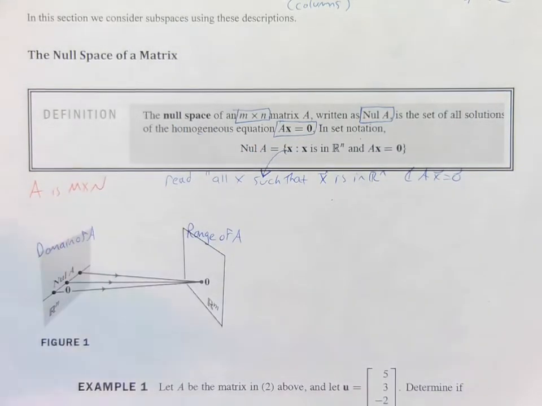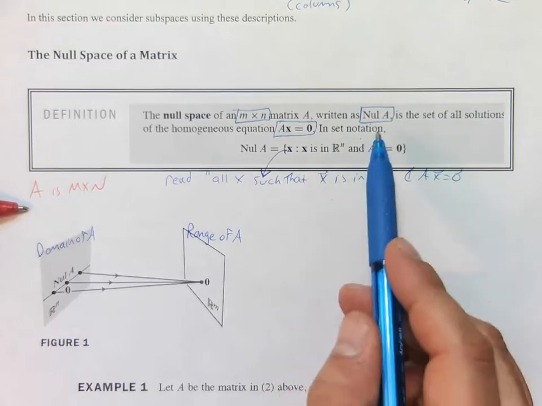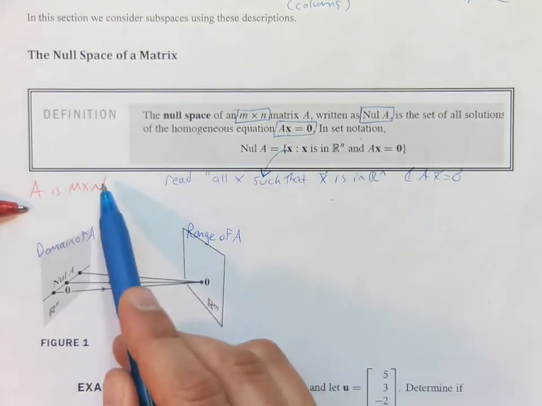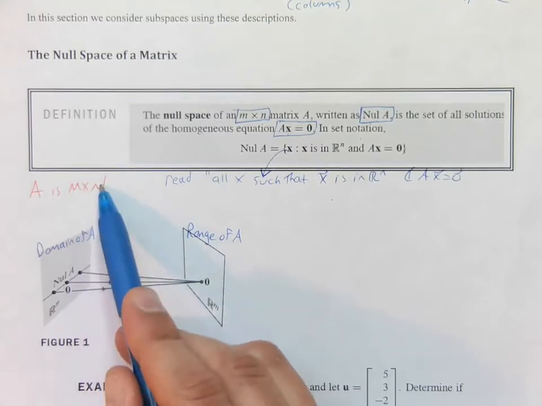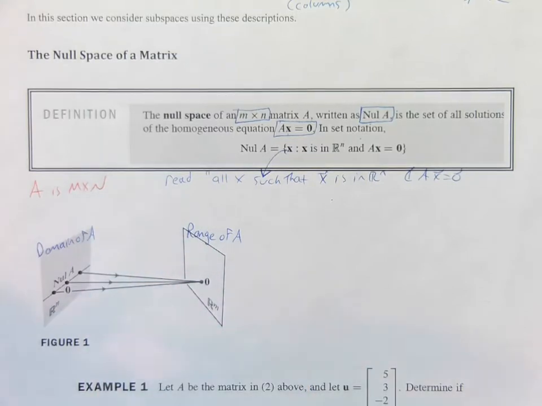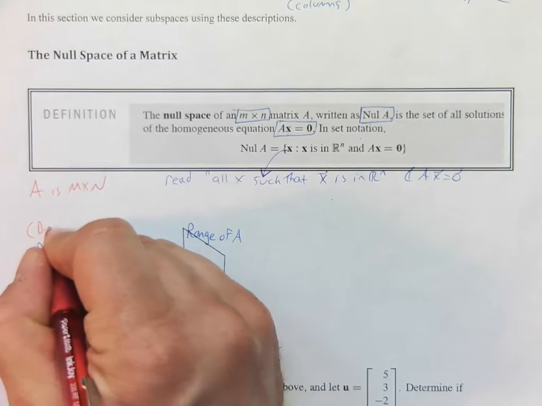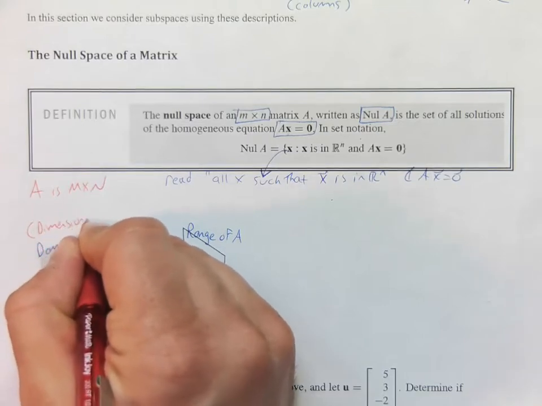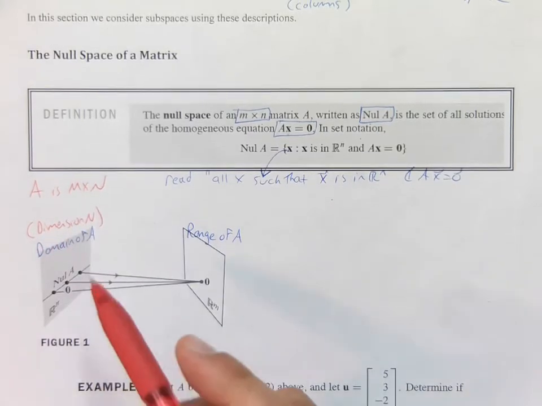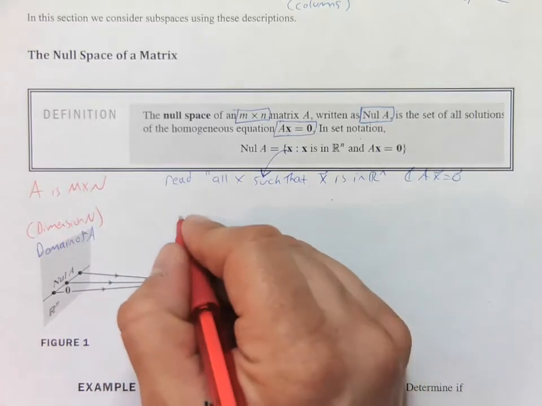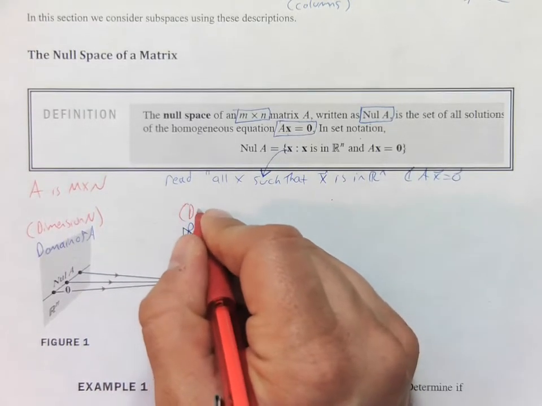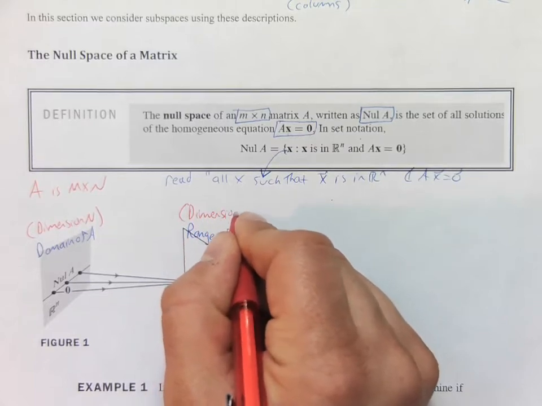And so if you're going to multiply x on the right side of A, like Ax, for example, the inside dimensions need to match. And so that means domain has size n. And so the domain has dimension n. And then it gets sent to things that are size m, because the number of rows will tell us the size of the output, right? And so the range then has dimension m.